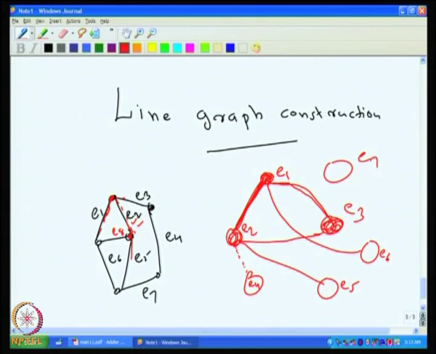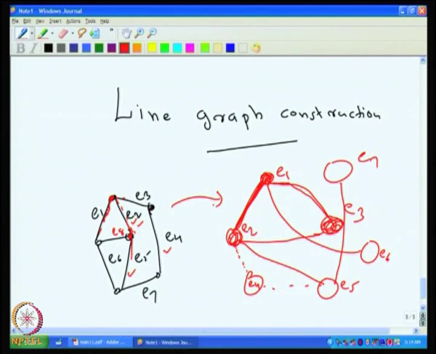E4 and E5 are also not adjacent, because they are not sharing any endpoints, but on the other hand E5 and E7 are adjacent this way.